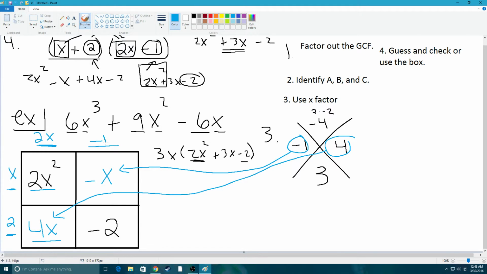And that would be a negative 1. So using greatest common factor, we take this box method, we kind of reverse engineer our way out, and we get an answer of 2x minus 1 and x plus 2.